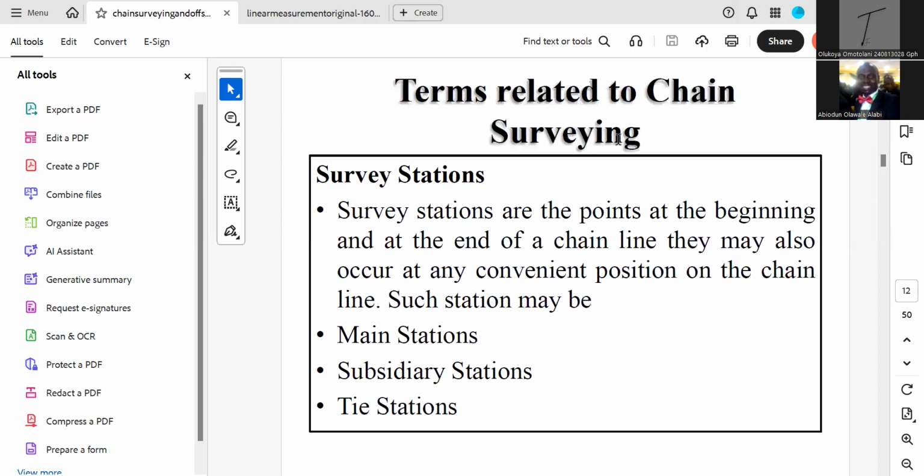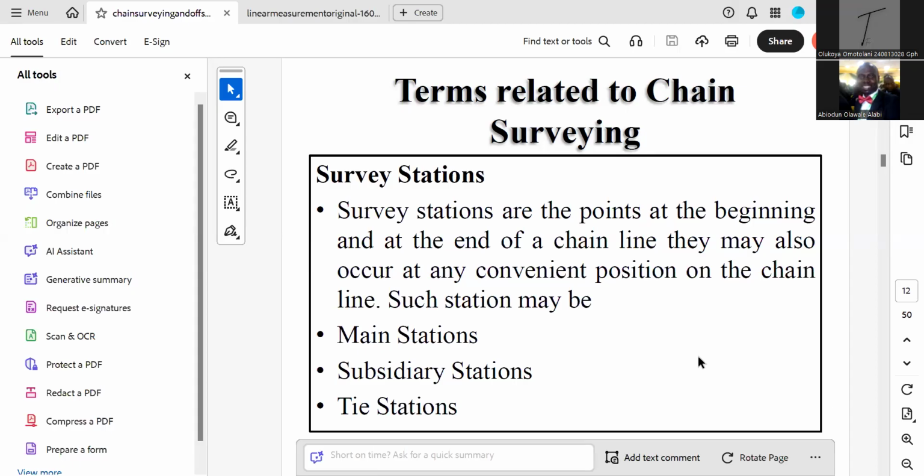Next slide. So time related to chain surveying. I think we covered a few of these terms in the last class. Okay, I think it's better I switch back to the other slide.